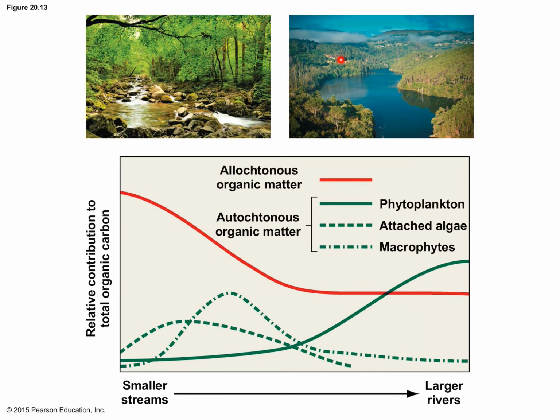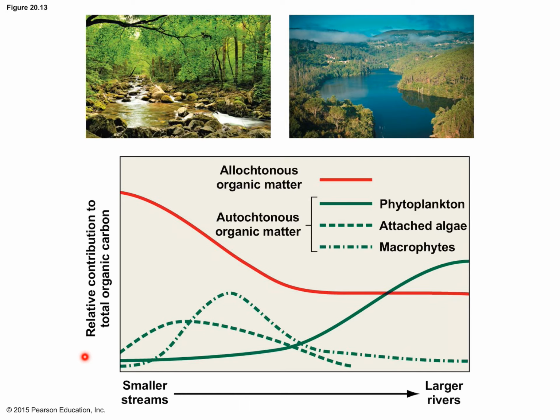Now, compare that with a large lake or river, for example, where, on a sunny day, the whole thing is exposed to sunlight for as long as the sun's out. You have very little canopy shading effects. I mean, along the margins you have some, but it's a very small amount. So you're going to have a lot more autochthonous carbon being produced here, or I should say a higher proportion of the organic carbon in that system is going to be autochthonously produced by the phytoplankton in that system.